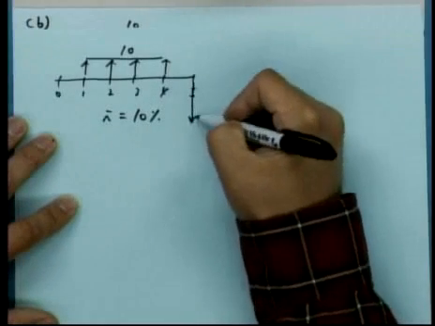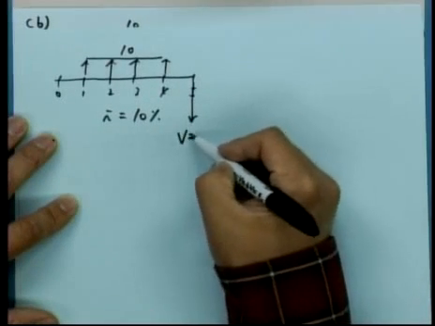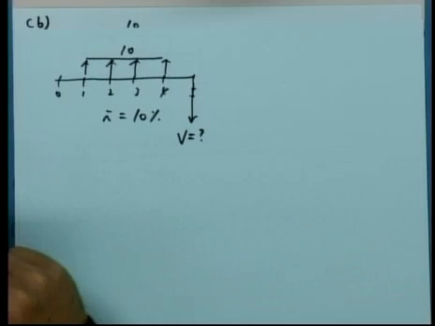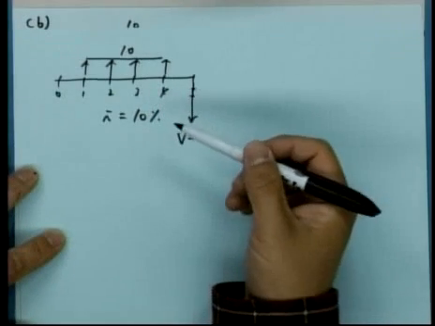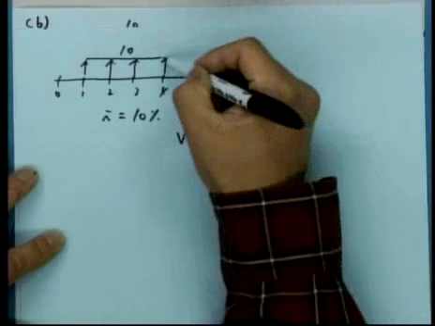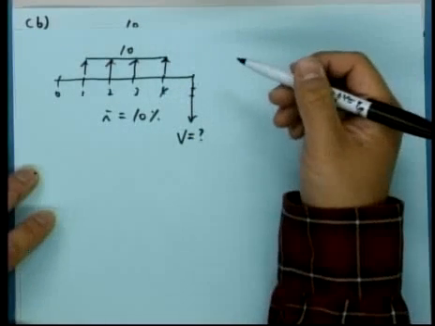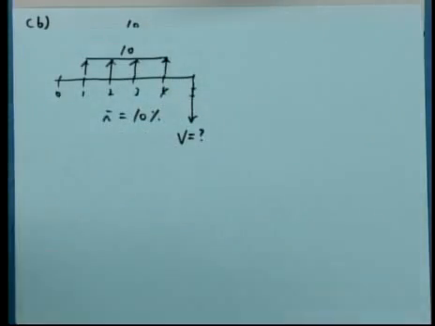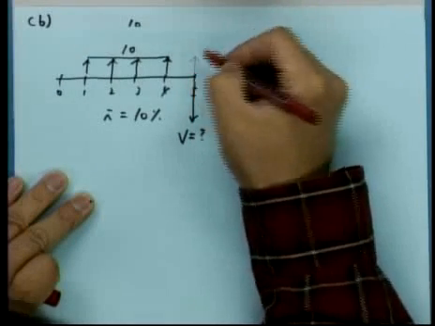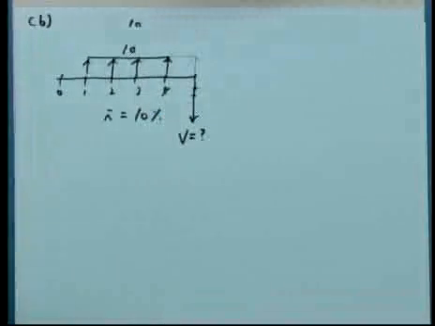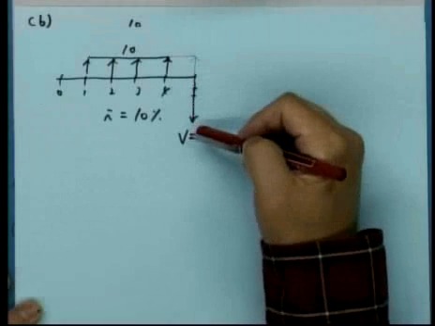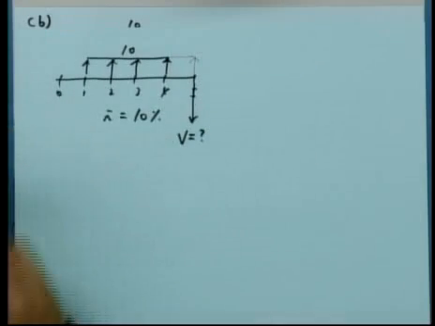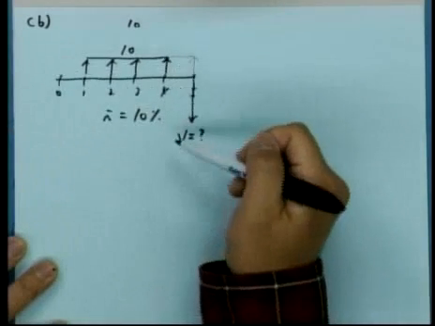And V is the unknown value at the end of period 5. So suppose we have one more single payment of $10 at the end of period 5. Then in that case, we may use the uniform series compound amount formula. Is that correct?